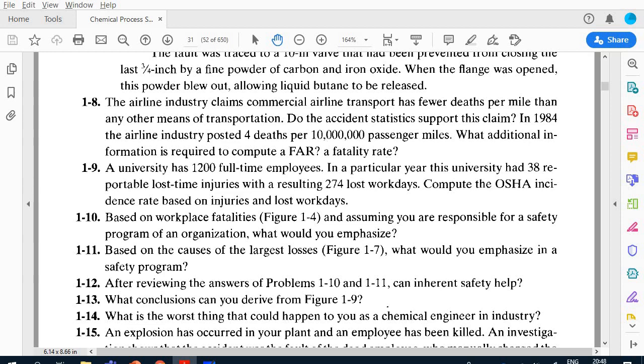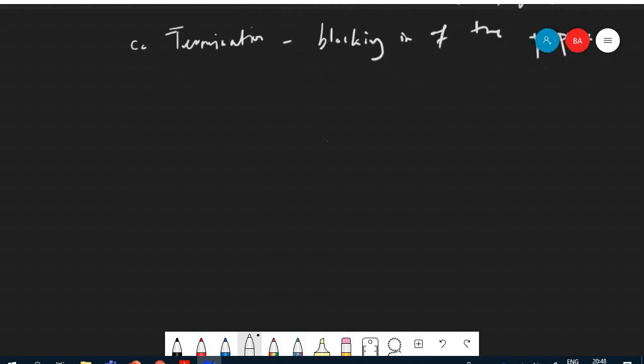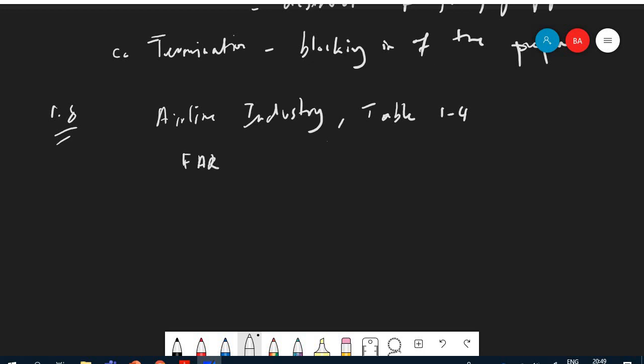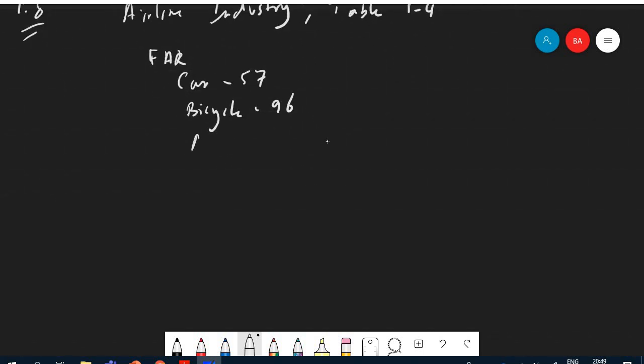Fatality rate. Okay, so let's calculate this and see how it goes. So 1.8, we are talking about an airline industry where they are claiming that they have fewer deaths. If you go to table 1.4 again, you're going to see the FAR for cars, let me see, for cars it was 57, for bicycle it was 96, and for air it was 240.